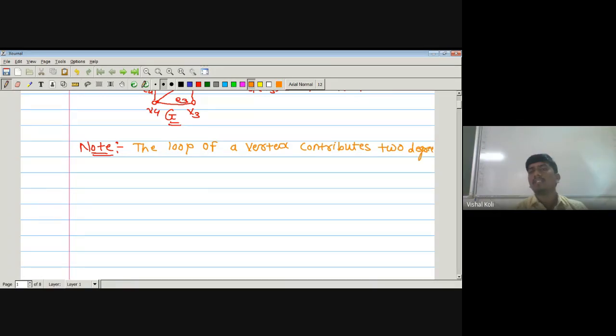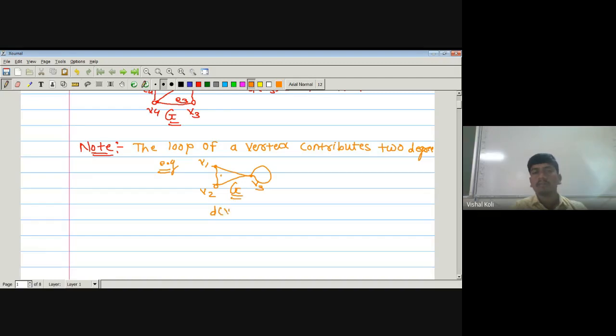That is, if there is any loop in a graph G, then the loop contributes 2 degrees. For example, suppose this is the graph G with V1, V2 and V3, and here there is a loop at vertex V3. So this will be the graph G.